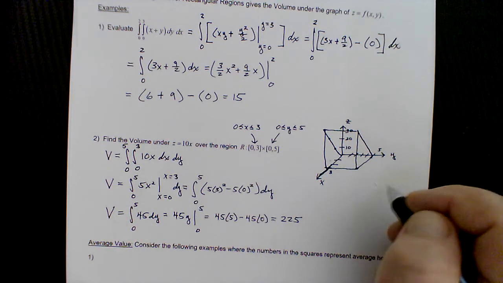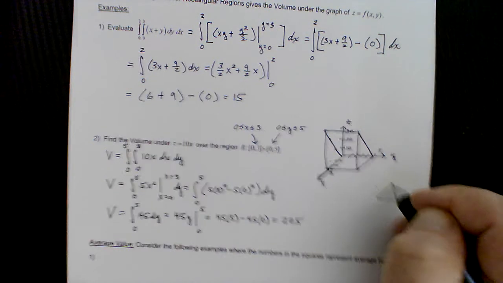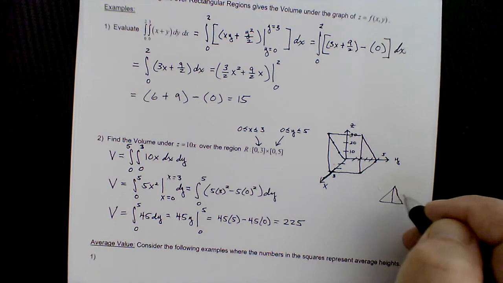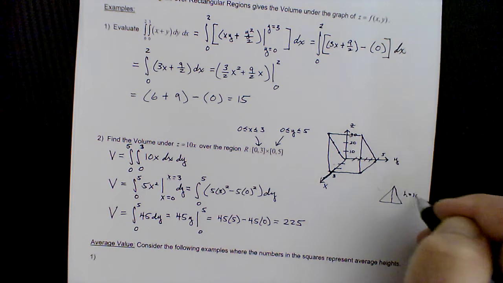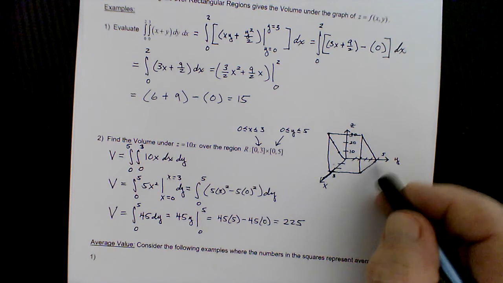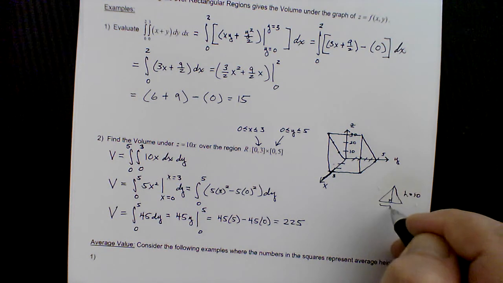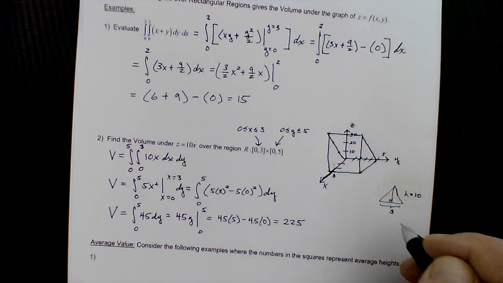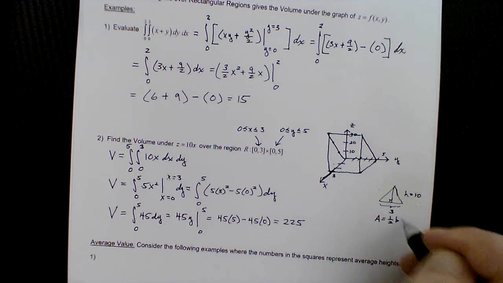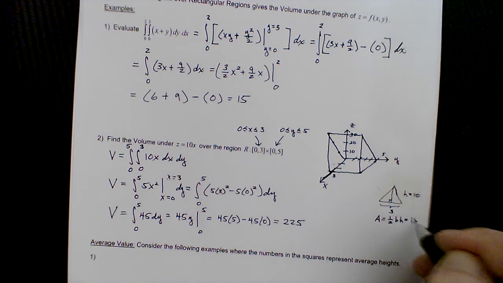If we look at the triangular region, we have a perpendicular height of 10 here, and the base is 3. So the area of that triangle is 1/2 base times height, or 1/2 of 30, or 15.